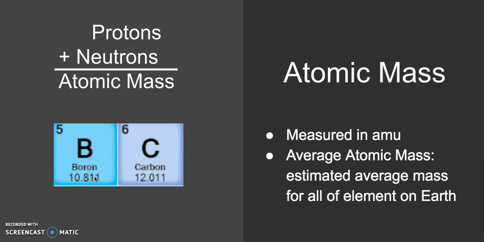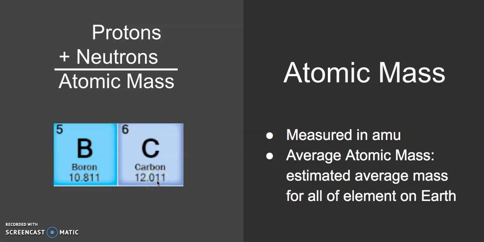And so looking at this number, we can think that the common isotopes of carbon are probably primarily around 12, that the majority of isotopes of carbon are carbon 12.